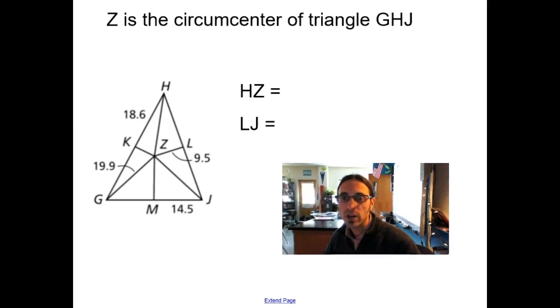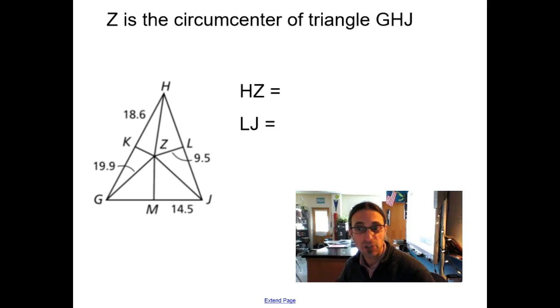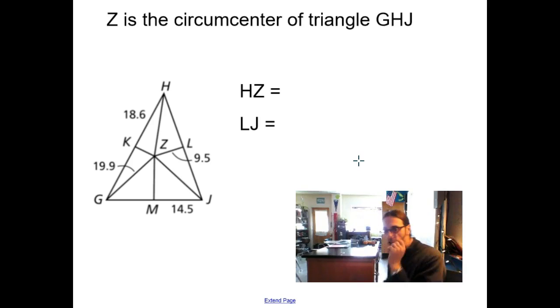Nice. So here's the problem. Z is the circumcenter of triangle GHJ, which tells you so much information right after that. Number 1, it tells you these are perpendicular bisectors. That's really cool.